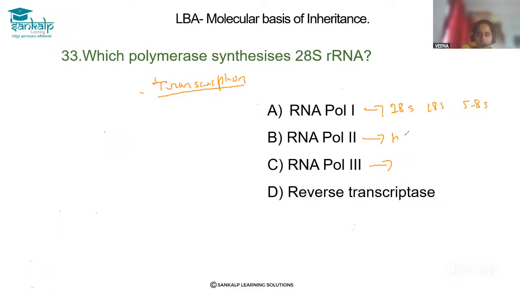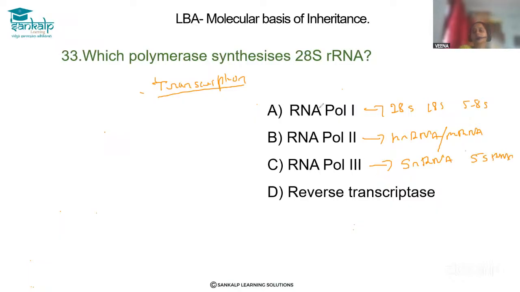RNA polymerase 2 is involved in the hnRNA synthesis, heterogeneous RNA. And then RNA polymerase 3 makes small nuclear RNA and then 5S RNA.